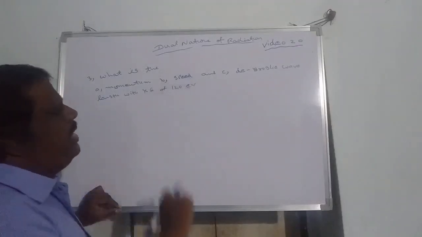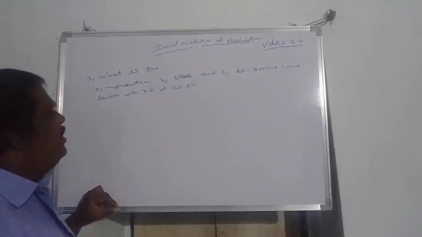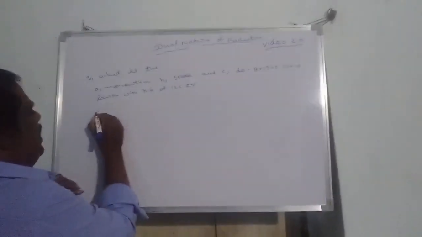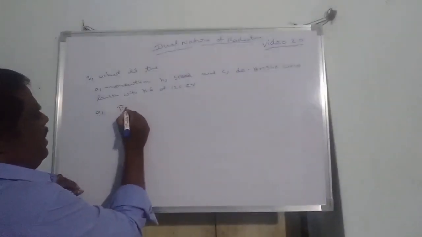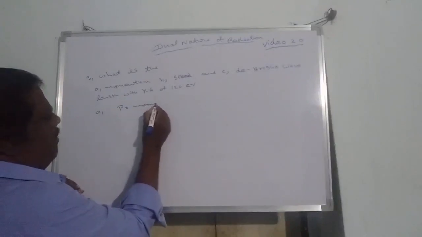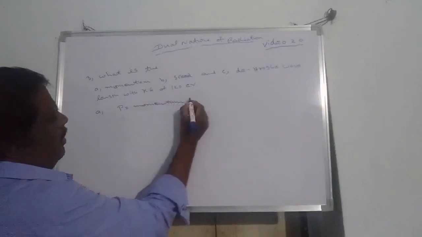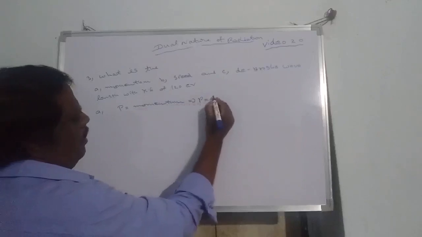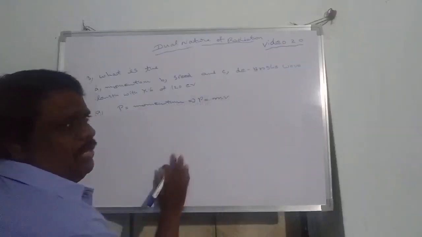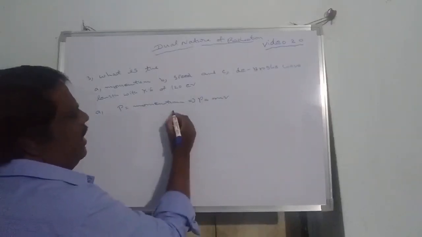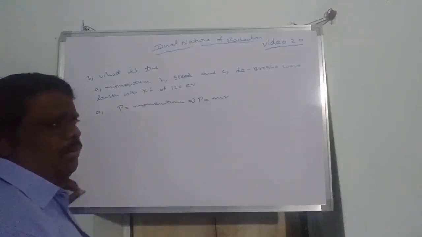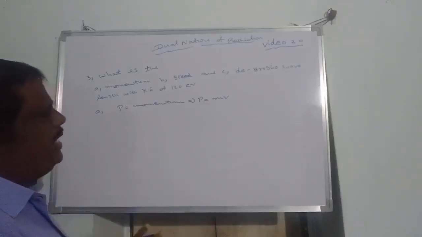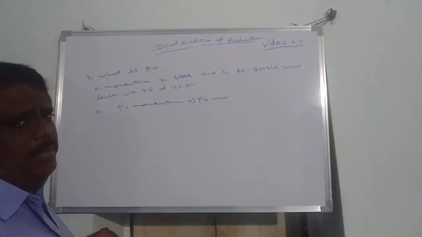Momentum, speed and the de Broglie wavelength. That means A case, momentum, should be denoted. P is nothing but momentum. Generally, P is equal to mv, mass into velocity. Mass we have to remember, and speed. When we know the speed and mass, we can calculate the momentum.